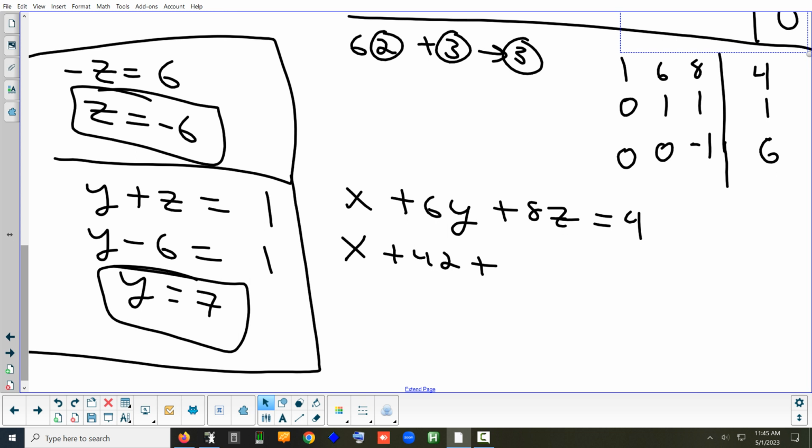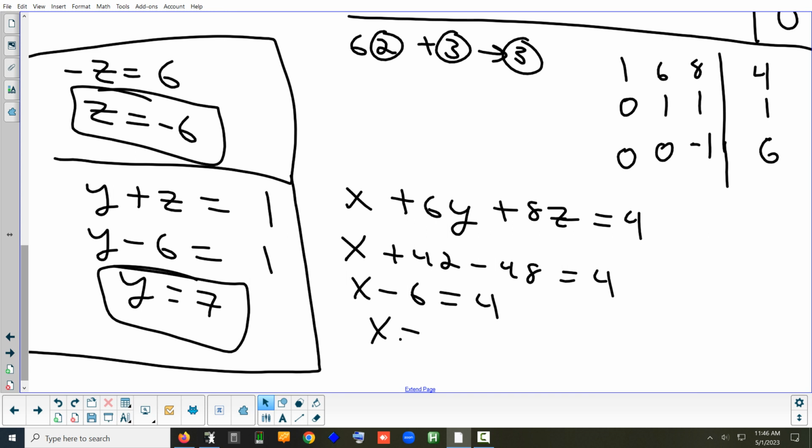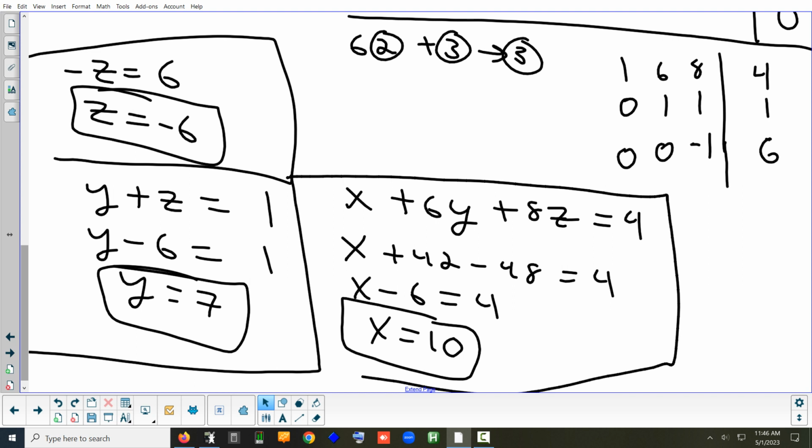So that's going to be 8 times -6, which is really a -48. And what's 42 minus 48? -6. So x equals 10.